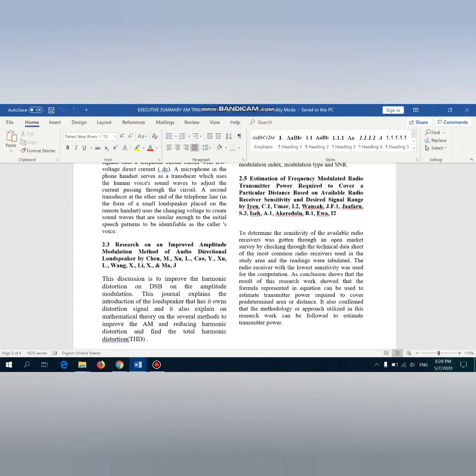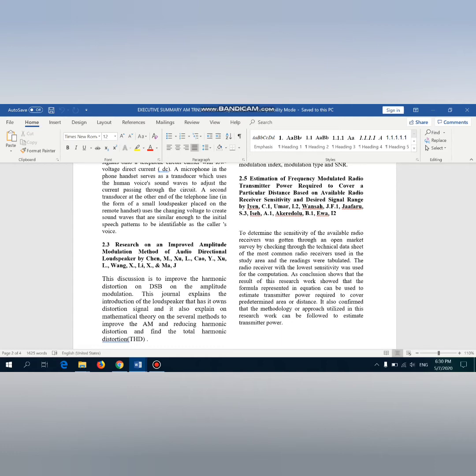Assalamualaikum warahmatullahi wabarakatuh. My name is Muhammad Hisham. Today I'd like to present about the literature review. My literature review is about estimating the frequency modulation radio transmitter power required to cover a particular distance based on available radio receiver sensitivity and desired signal range. To determine the sensitivity of an available radio receiver, they went through an open market survey by checking the technical data sheets of the most common radio receivers used in the area.